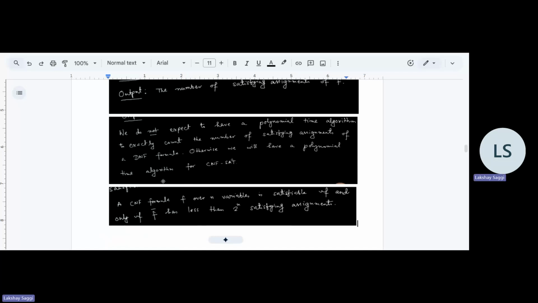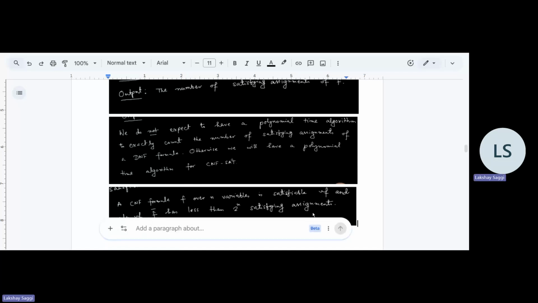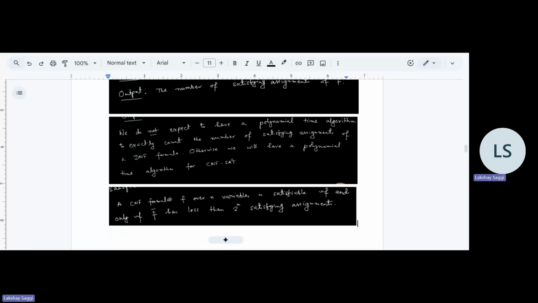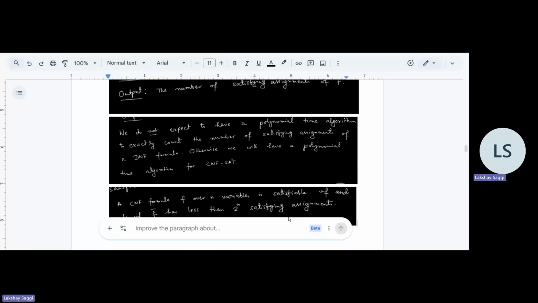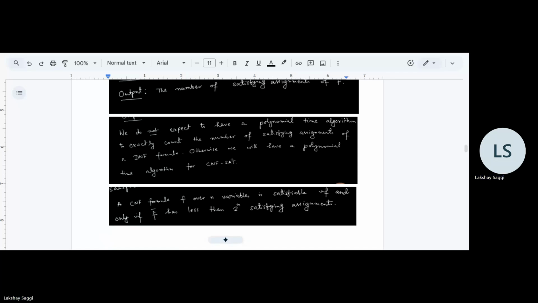And one can show the other direction as well. So this is the essential property: a CNF formula f over n variables is satisfiable if and only if f bar has less than 2 to the n satisfying assignments. And since if f is a CNF formula then f bar is a DNF formula, we do not expect a polynomial time algorithm for DNF counting either.